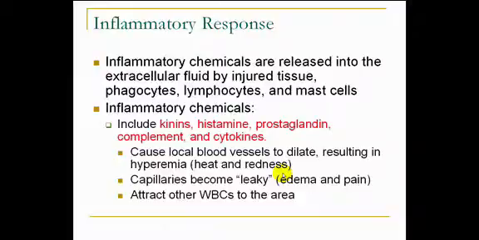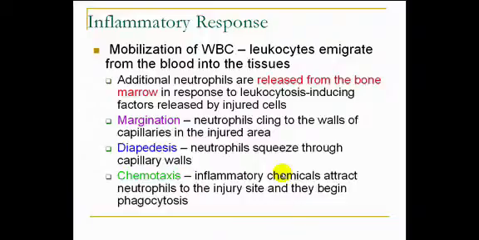Some of these chemicals also attract the white blood cells to the area. We call it chemotaxis when cells are attracted by chemicals to an area. So how do you attract these white blood cells to the area? Well, we know that white blood cells, or your leukocytes, travel in the blood, and they need to move from the blood into the tissues if there's an infection.